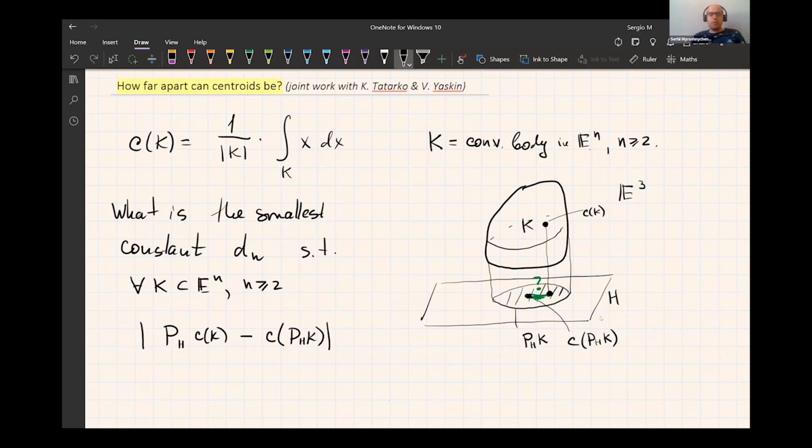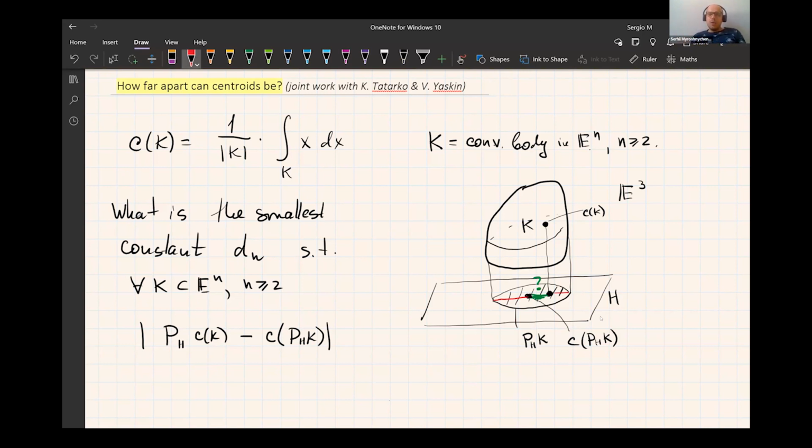The way I formulate it now, we should be careful because we can scale our body and the projection will scale accordingly, and the distance can become very, very large. So we should do this measurement with respect to some internal parameter of the body. We compared it with the width of the convex body that you heard about during the previous talks.